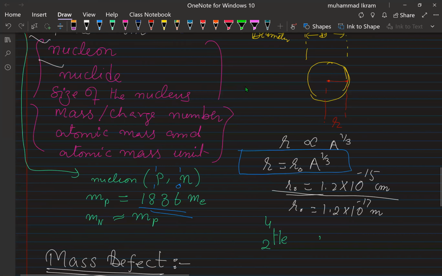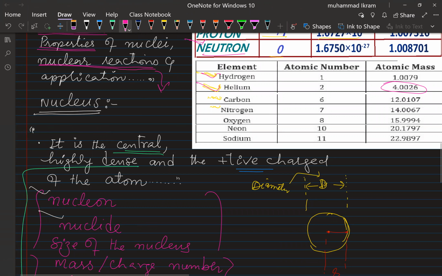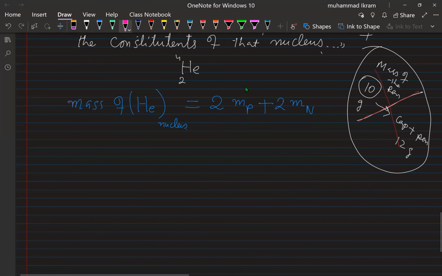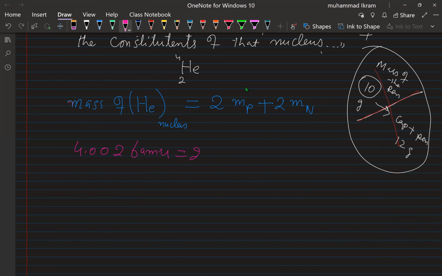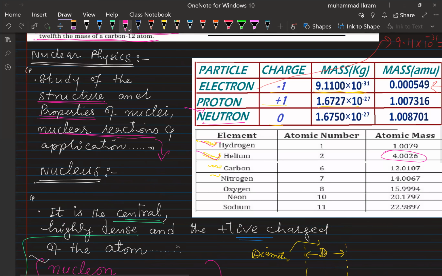Look, what is the mass of the helium? As I told, the mass of the helium is 4.0026 AMU, atomic mass unit. And now what is the mass of one proton? As I told you, you will most often need this.